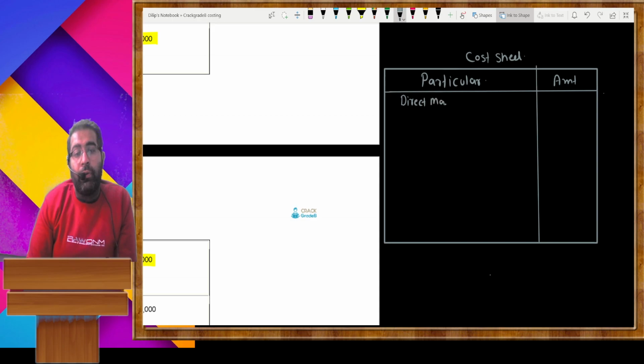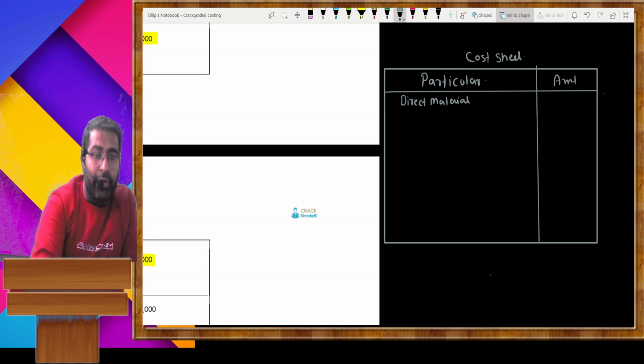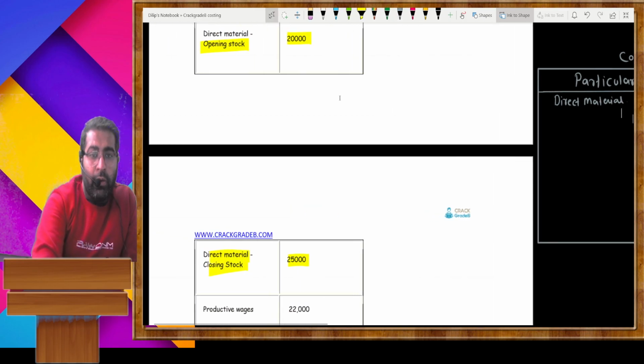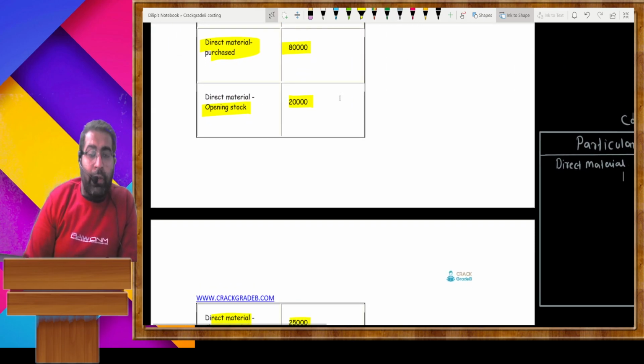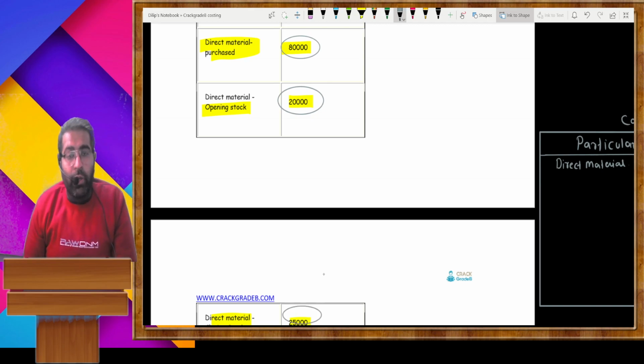Direct material. How much material we used? Look at here. Here, direct material purchase given 80,000, opening stock 20,000, closing stock 25,000.